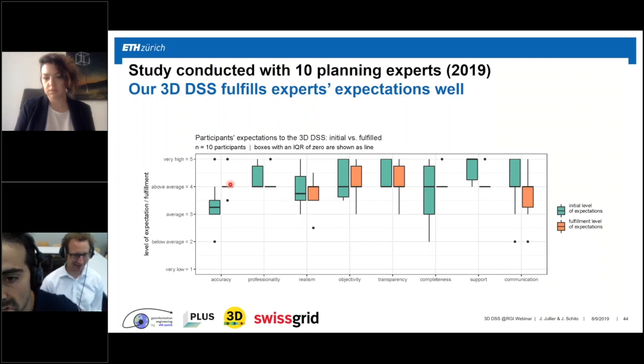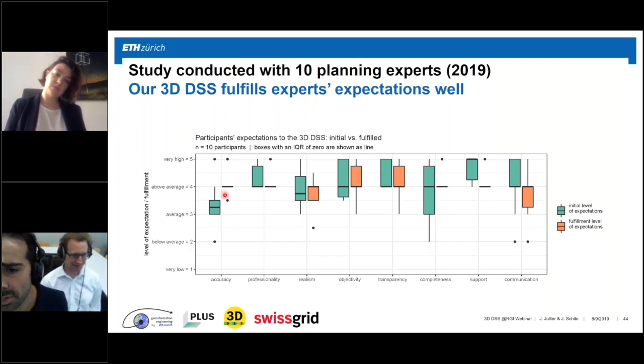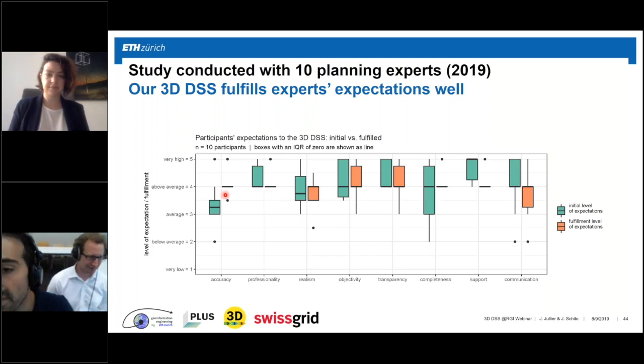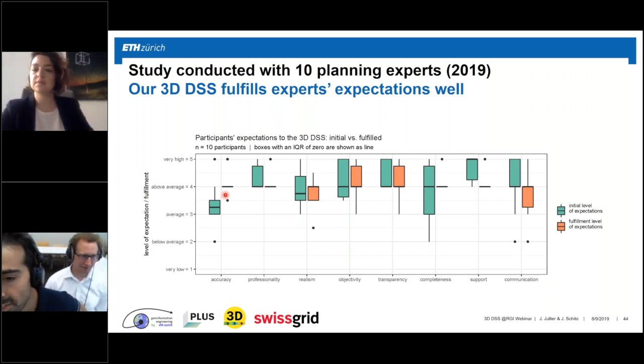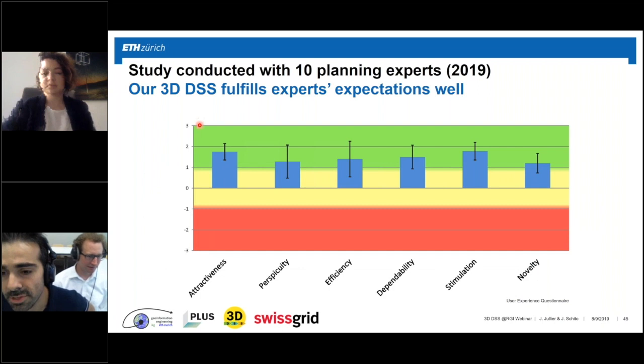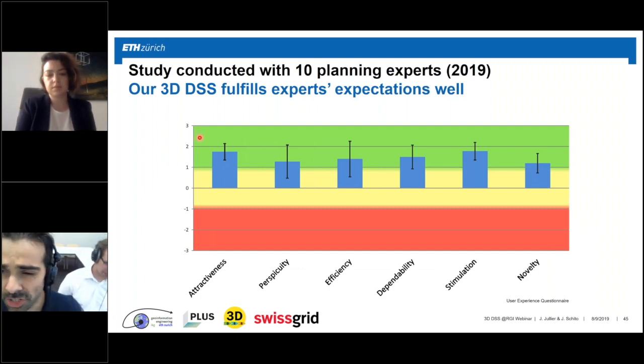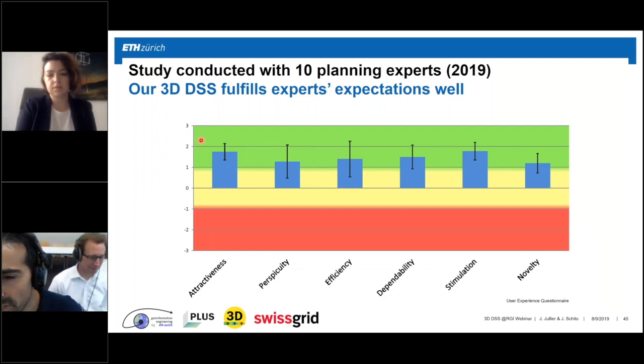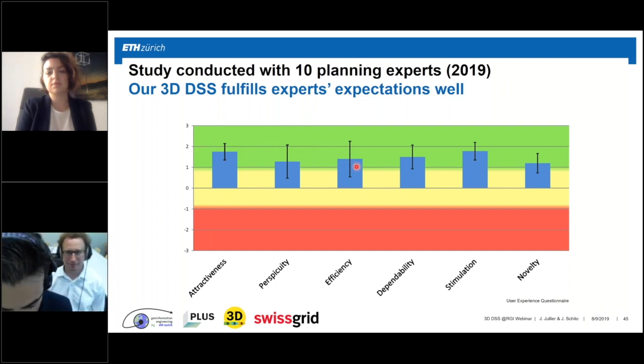And we are very confident that we are on the right way, because we are in median always above average. And also concerning attractiveness, perspicuity, effectiveness, dependability, stimulation, and novelty, we are always in the positive and green fields.